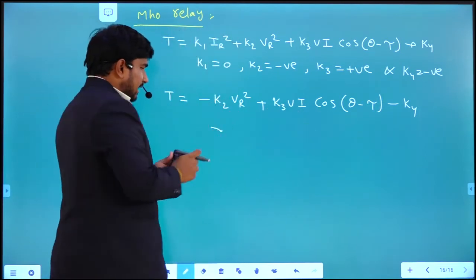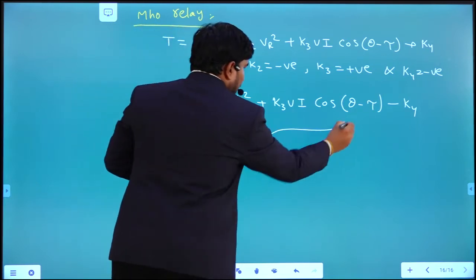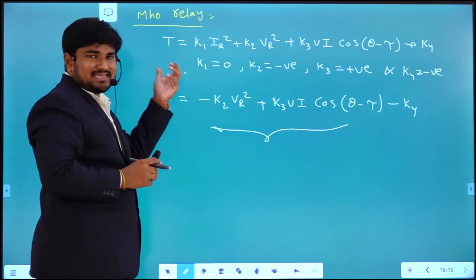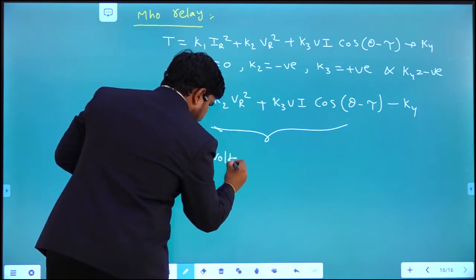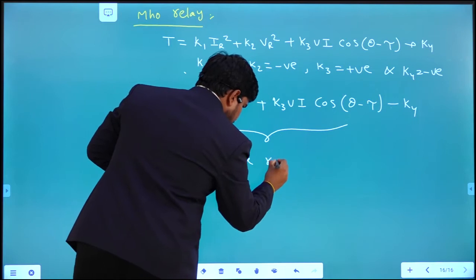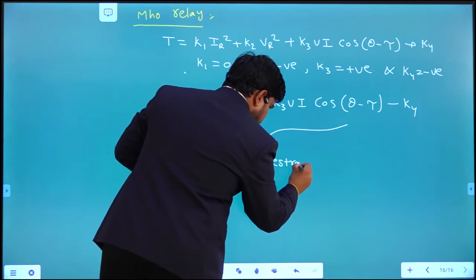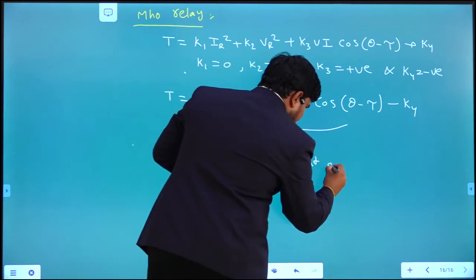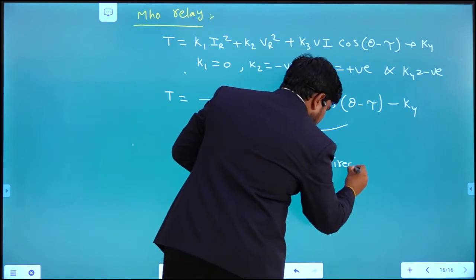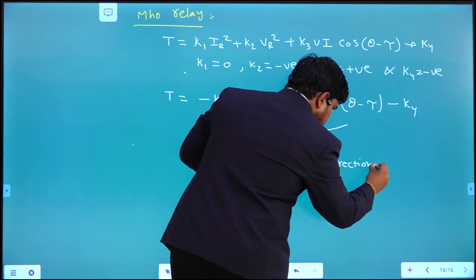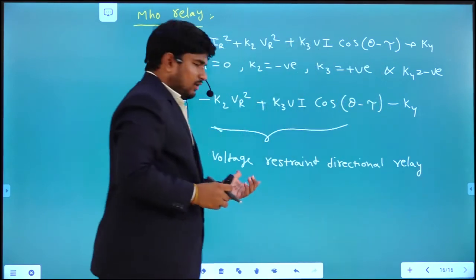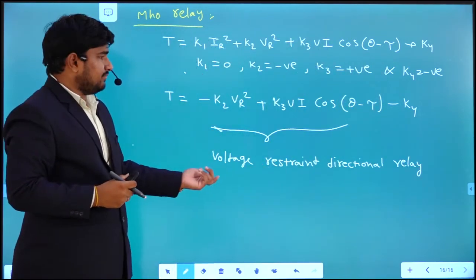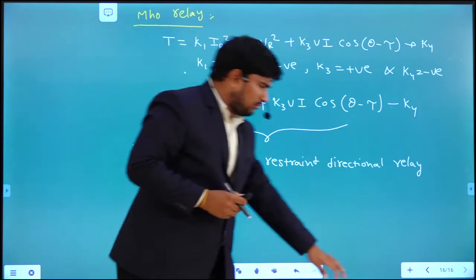That means combinedly we can call the mho relay a voltage restrained directional relay.